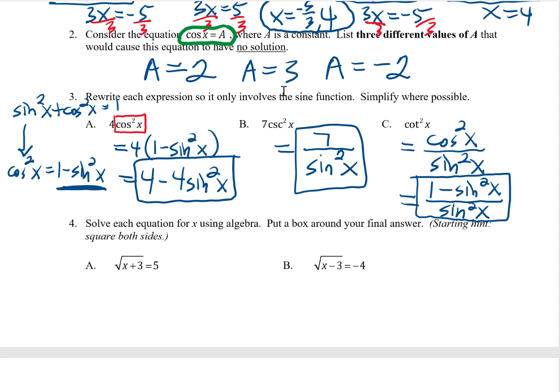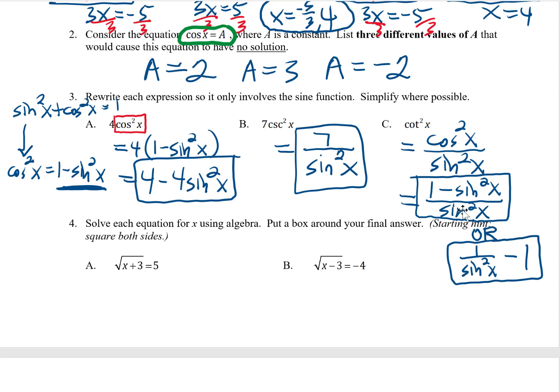Now, I suppose on this part C, you could go one step further and distribute that sine squared x into both pieces, which would result in 1 over sine squared x, and then minus 1 out here, because sine squared over sine squared would be 1. And I think that would be a fine answer as well.